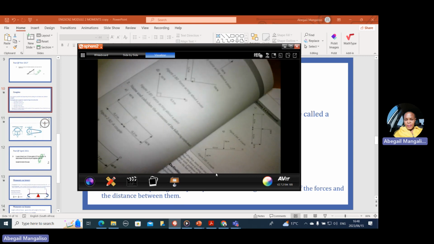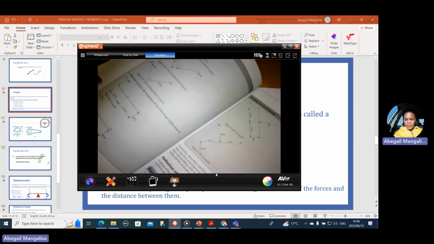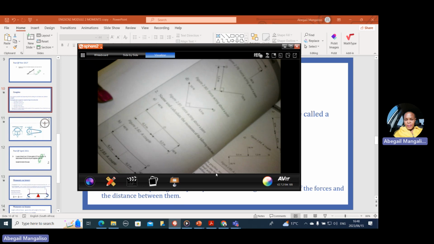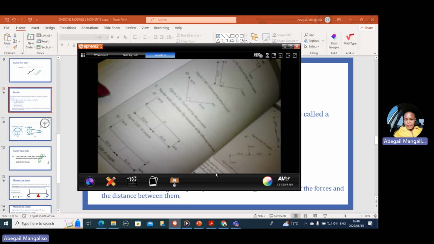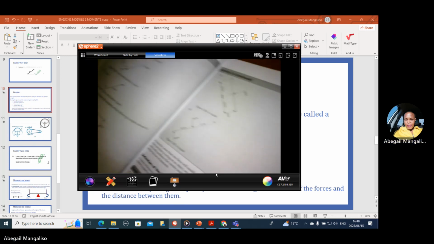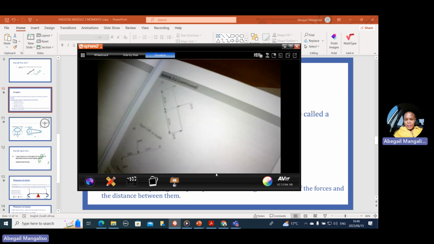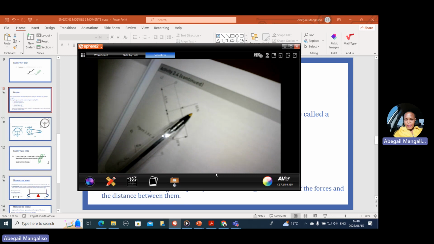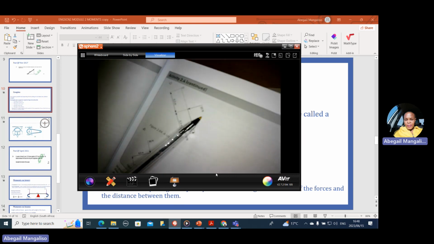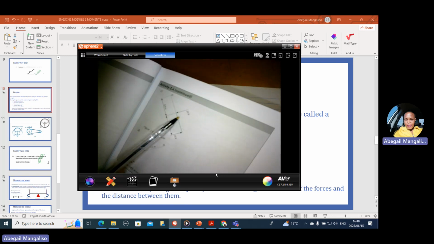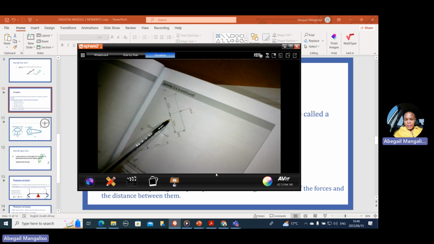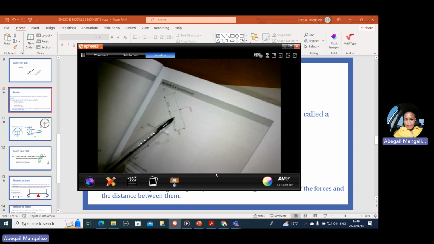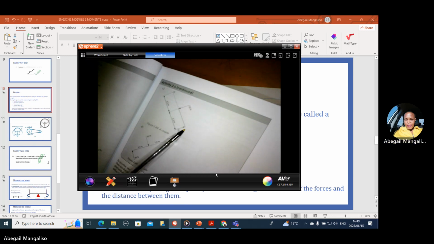Same applies here. Magnitude of one of the forces multiplied by the distance between the forces. Same applies here. It will be the product of one of the forces, which is 50, multiplied by the distance between these two, which is 0,3. This is the distance between the forces.